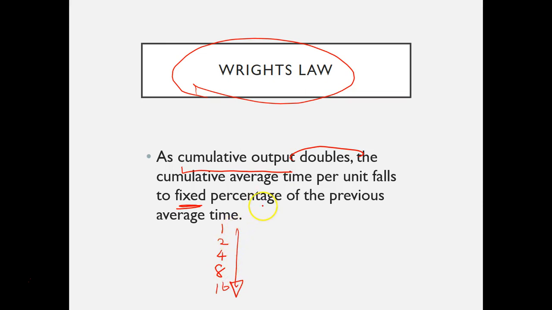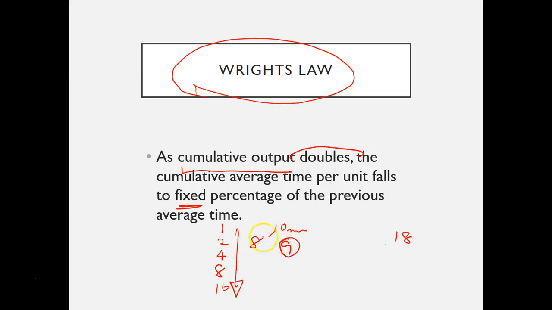As this doubles, the cumulative average time falls. So for example, if the first unit took 10 minutes, the second will take, for example, 8 minutes, so the total time is 18 minutes, but the average time is 9 minutes.